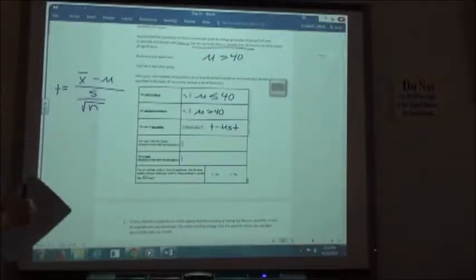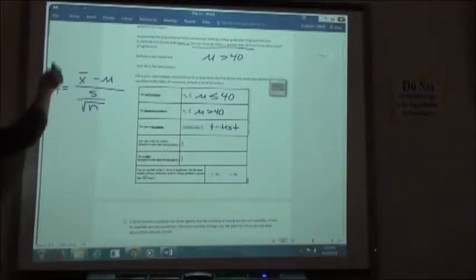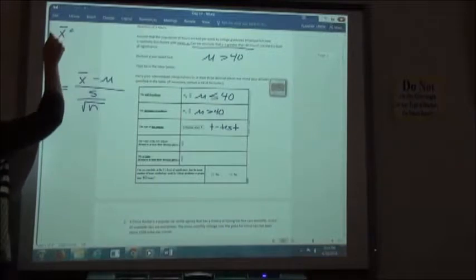So we've got to find those things from our problem, but I zoomed up so you'll have to read on your paper. So, first thing we want to know, for our formula, is what is the mean of the sample? What is x bar?